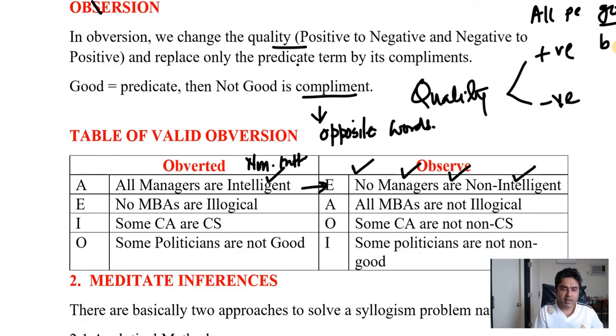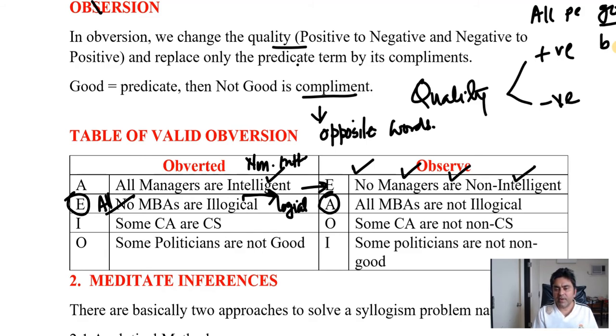Next, I will be converted into O. Some CAs are CS. Now what you need to do, what is the opposite of CS? It is non-CS. So what you have to write, some will remain some, CA remain CA, are means are, and CS becomes not non-CS.